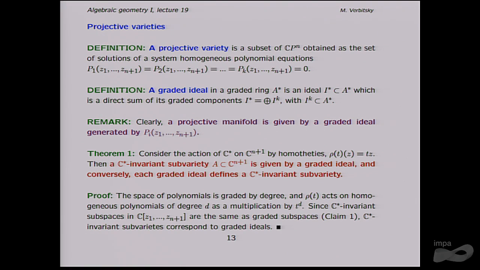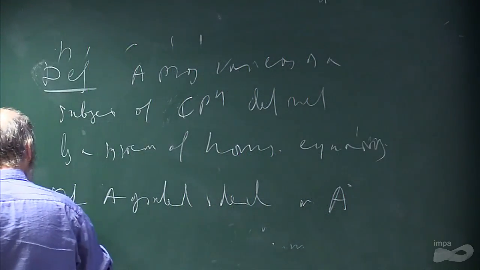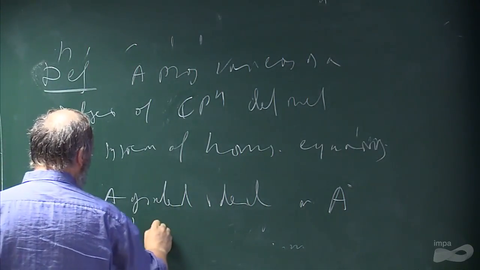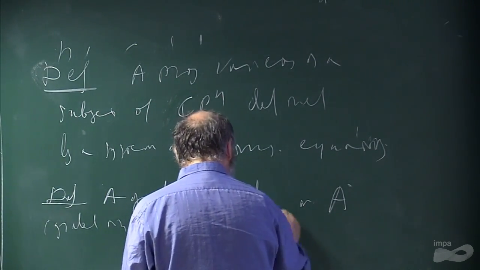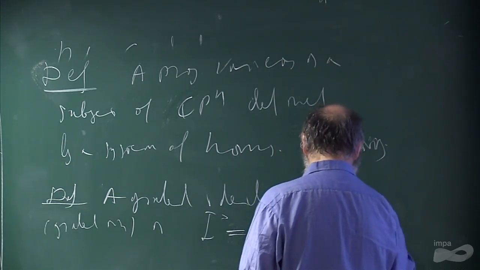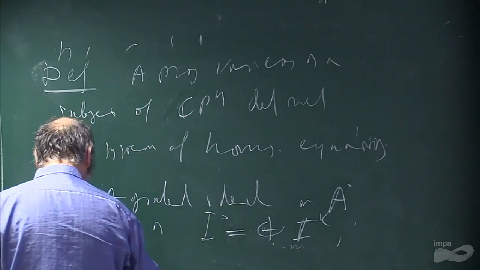Okay. Homogeneous equations are given by a graded ideal. So definition: a graded ideal in polynomials, or in a graded ring A star, is I star, which is a direct sum of I_k, where I_k belongs to A_k.